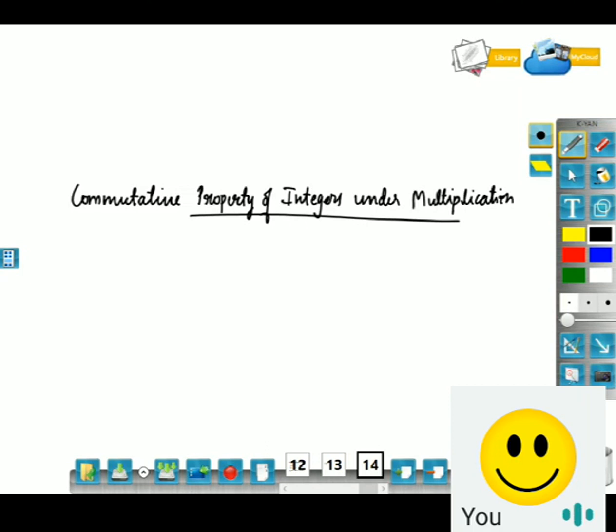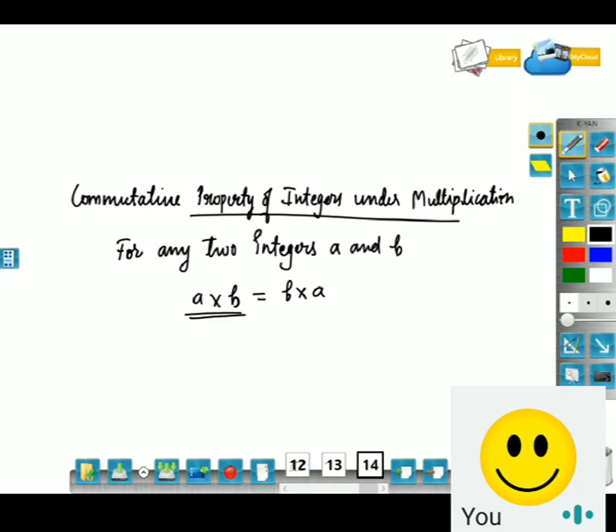So according to commutative property, for any two integers a and b, a into b should be equal to b into a. So we have to check whether a into b is equal to b into a for integers.